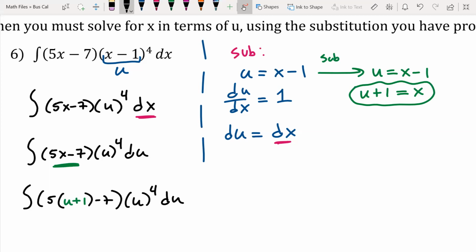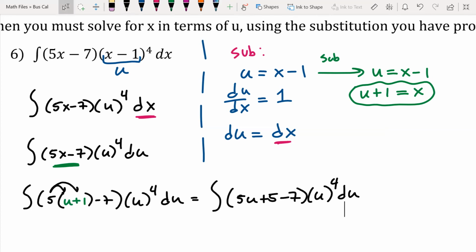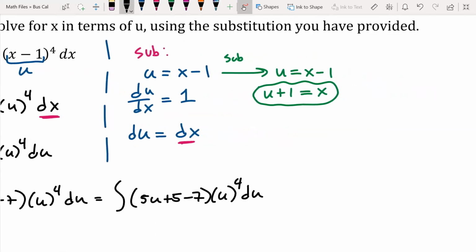Now we have some cleanup to do. You're going to distribute this 5, and we get the integral of 5u plus 5 minus 7 times u to the 4th du. Still some more cleanup. We get the integral of 5u minus 2 times u to the 4th du.